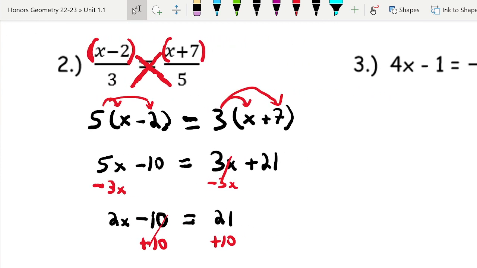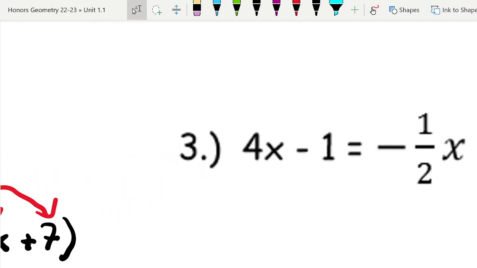Okay, number 3. The thing that makes this one so difficult are the fractions. If we can, let's get rid of the fractions. We see there is a 2 in the denominators of these fractions, which means they're being divided by 2.